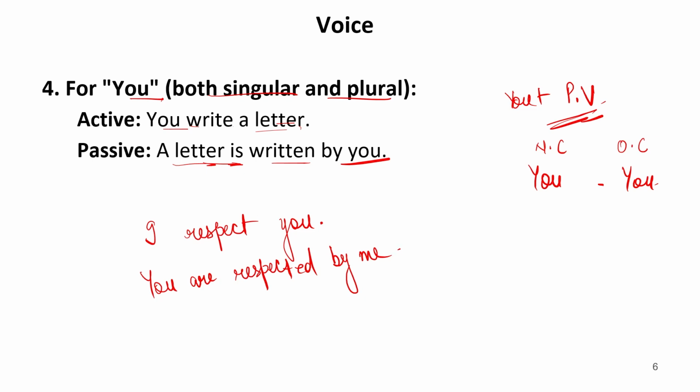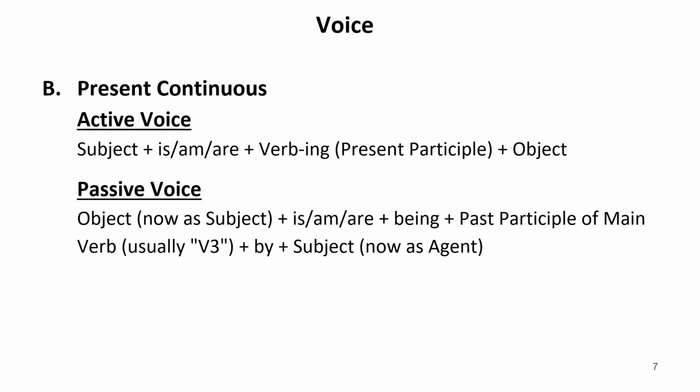So this is present tense, present indefinite tense. Now we'll read present continuous tense, the active sentence of it. Now one more thing, continuous is used when some action is going on or it is temporary. So in this case, a very important thing is that ing is the requirement of the active sentence as well.